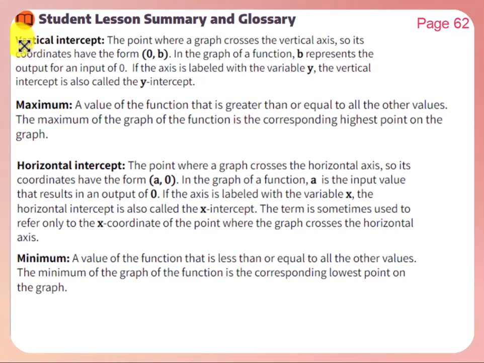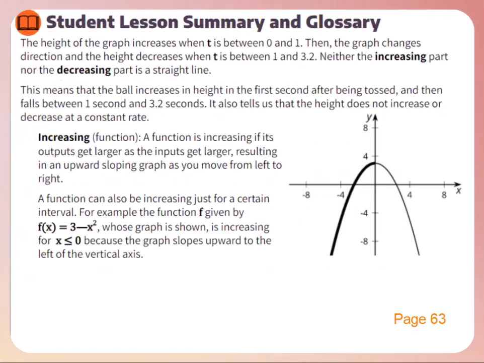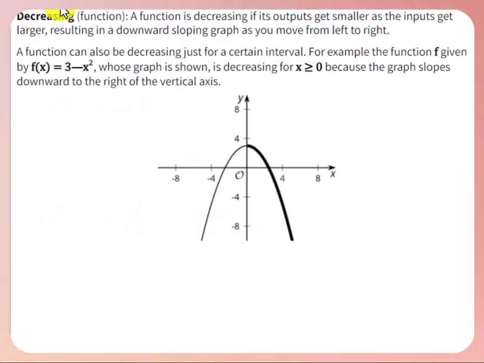All right, we have important vocabulary: vertical intercept, maximum, horizontal intercept, minimum, decreasing, increasing. Go over that function notation. Make sure that you're looking at the pictures, understanding vocabulary. Again, decreasing, how to write that using greater than, less than symbols.